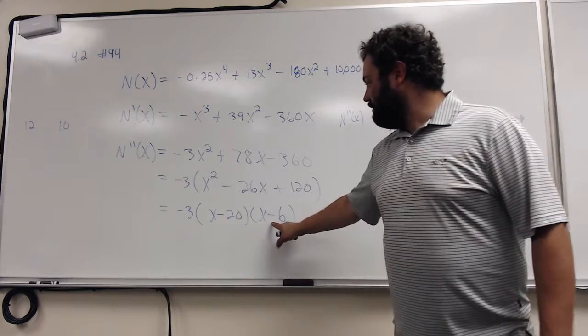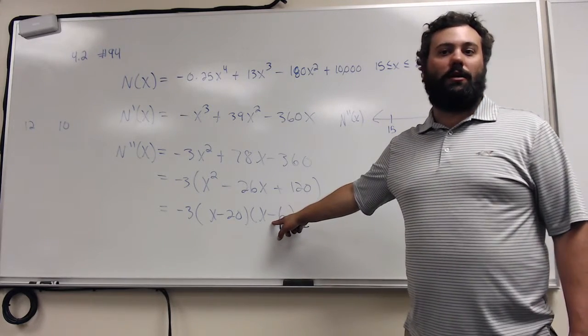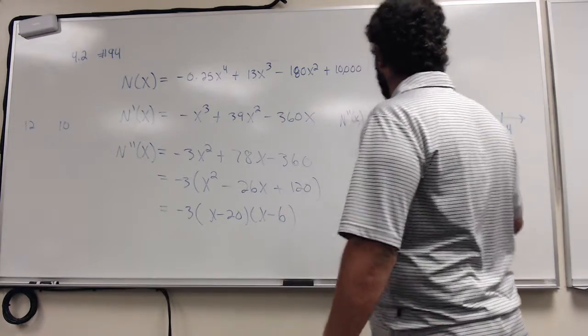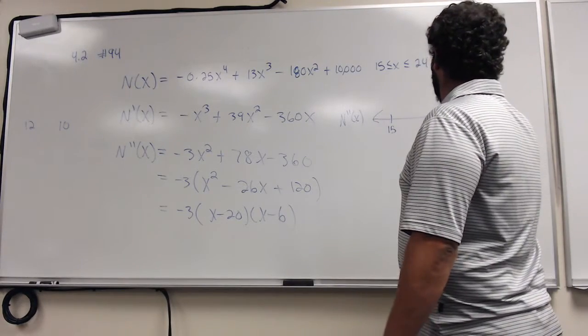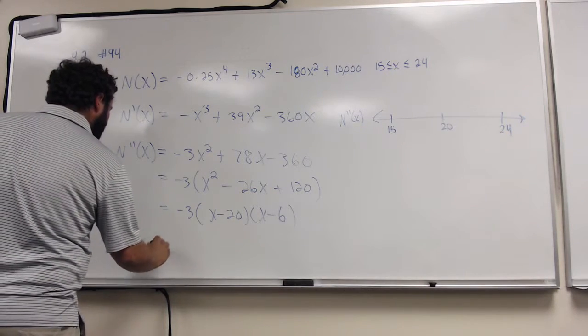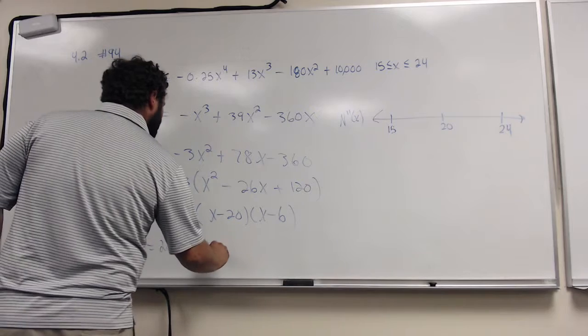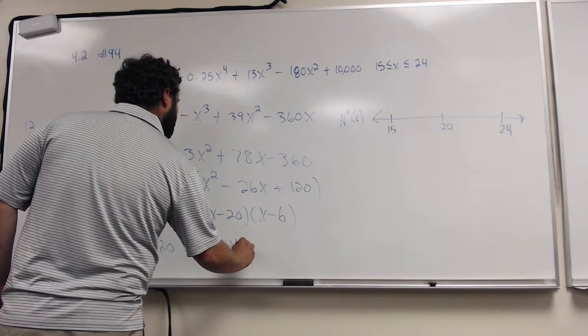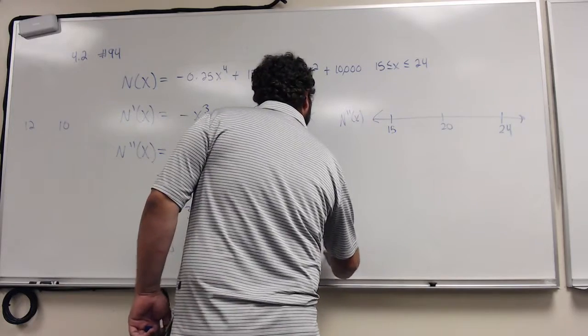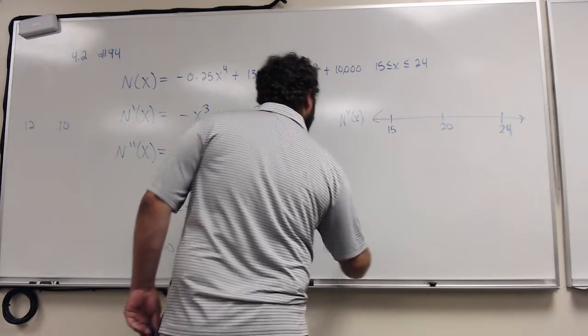So notice the 6 doesn't even matter. Okay, so the only critical number in this interval is going to be the 20. So x equals 20 is the only partition number in the interval between 15 and 24.